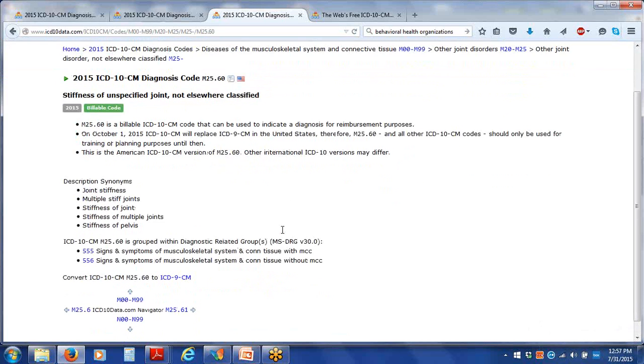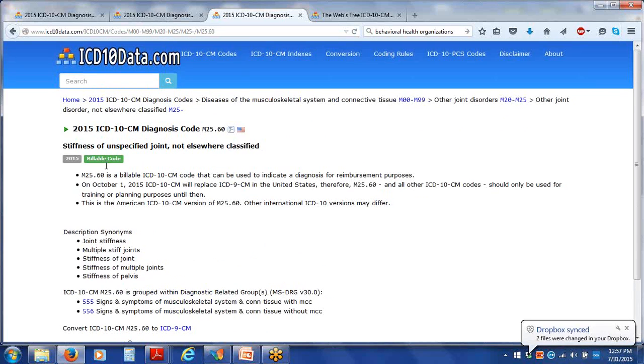In other words, again, this is an unspecified code. It ends in a 0 or a 9, and you can have some issues with that. Okay.